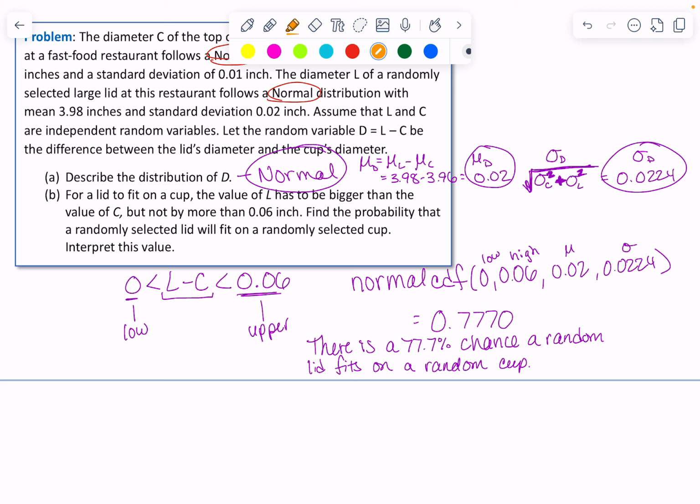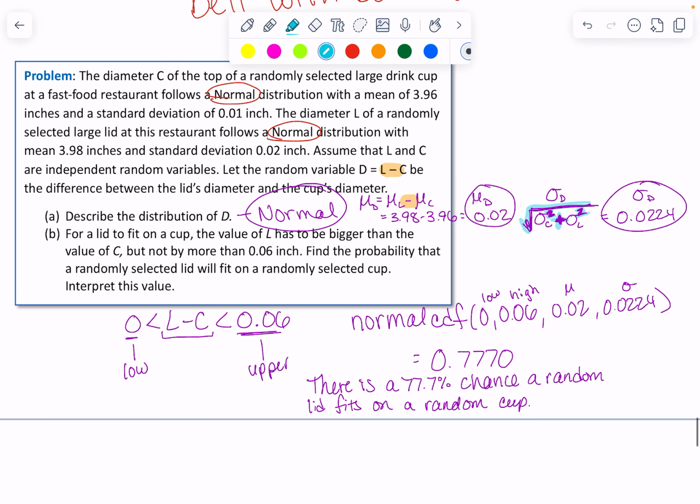Right in here, this one says we're going to subtract, so I subtracted. Shocker. The one that's a little surprising is standard deviation. We're always doing addition. We're going to square them, add them, take their square root. That's always standard deviation. And last thing is if we're combining two normal distributions, normal and normal equals normal.